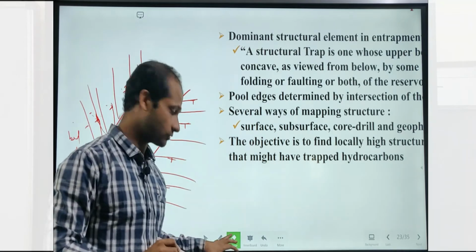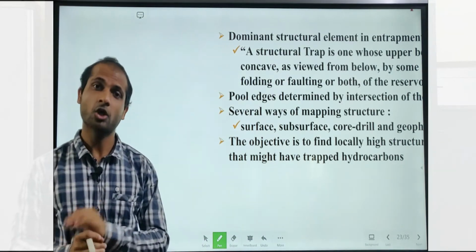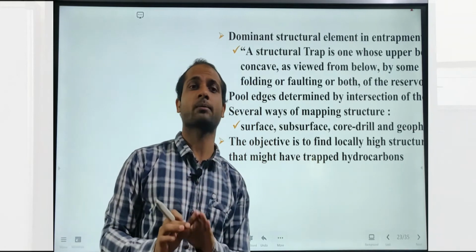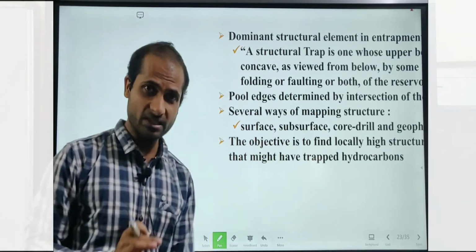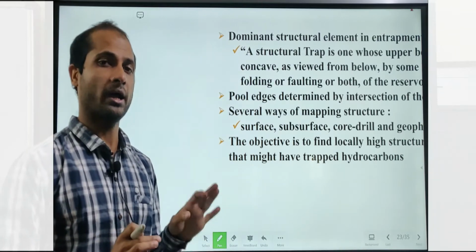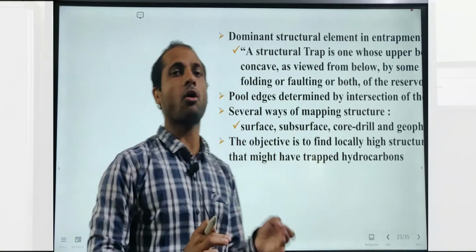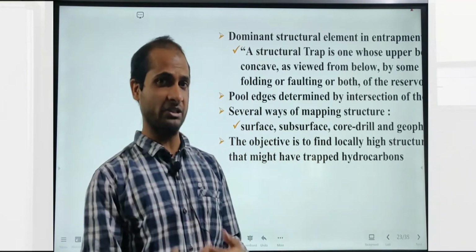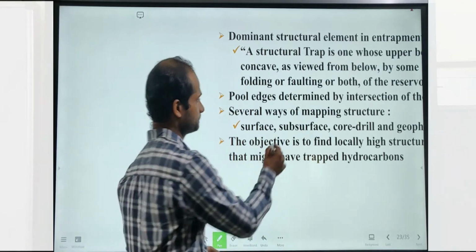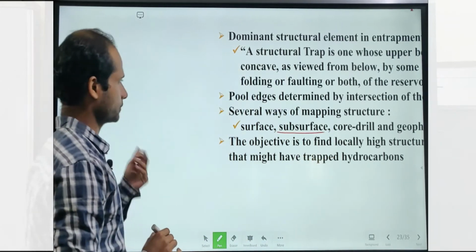So what do we require for hydrocarbon entrapment? Usually most hydrocarbons are entrapped in anticlines, though with some exceptions we can also get accumulation in synclines, provided there is phase variation or prevailing hydrodynamic conditions, which we will discuss later in combined traps. And in the subsurface, what do we do?